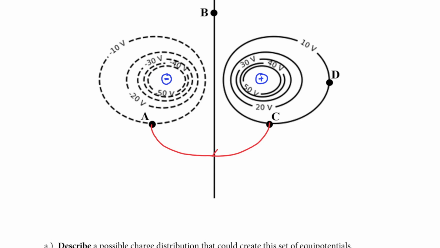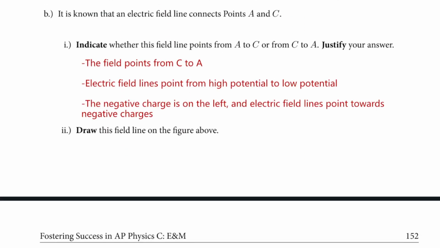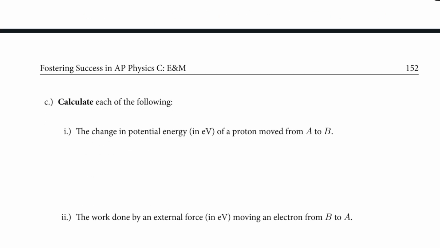So I did my best here. This would be sort of how our field is oriented, where it goes from C to A. And I tried to intersect both the 10 volt equipotential line and the negative 10 volt equipotential line at a right angle, as I did with this midline here. So it points from C to A: field lines point from high potential to low potential, or we could use the source and sink rule with the negative charge on the left.